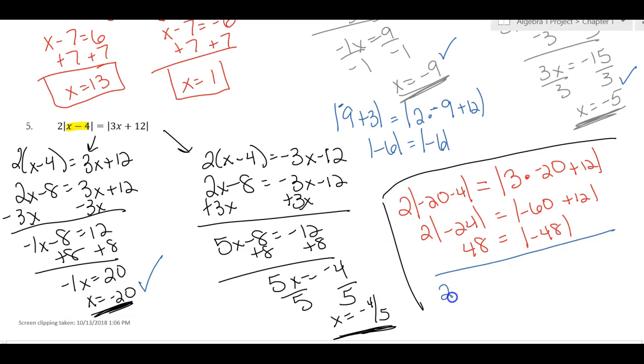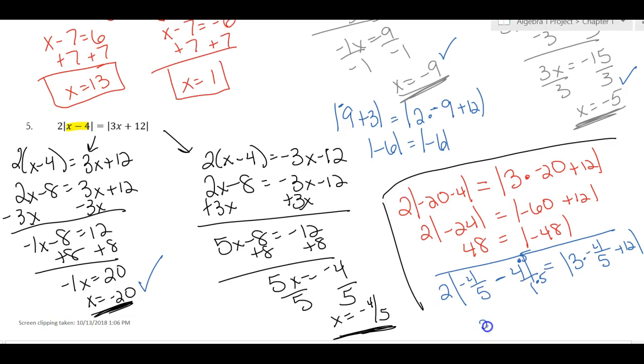Okay, so let's try this one. 2 times negative 4/5 minus 4 equals 3 times negative 4/5 plus 12. So I'm going to just go ahead and take care of this by multiplying by 5 so that I can get rid of the fraction.